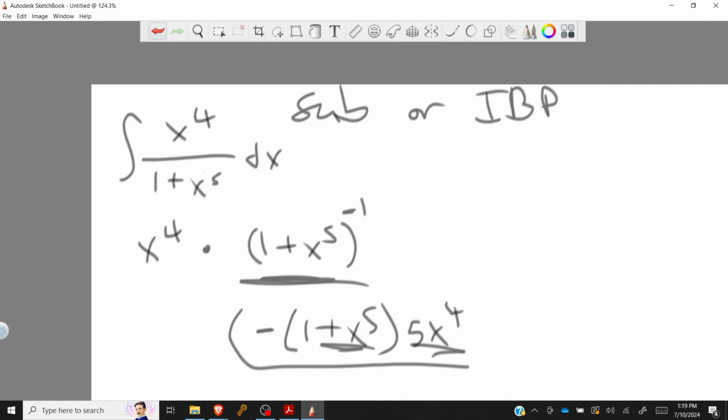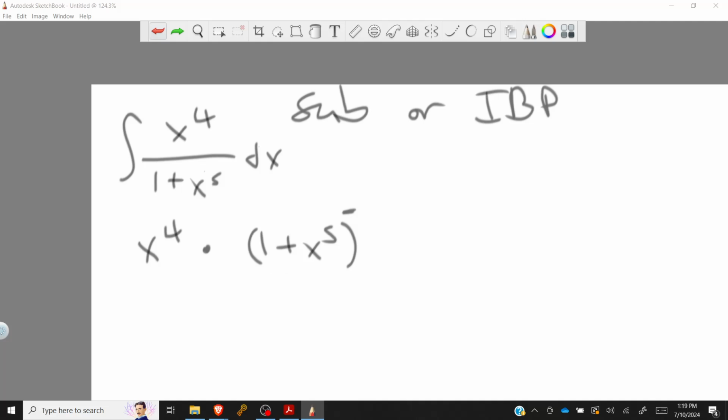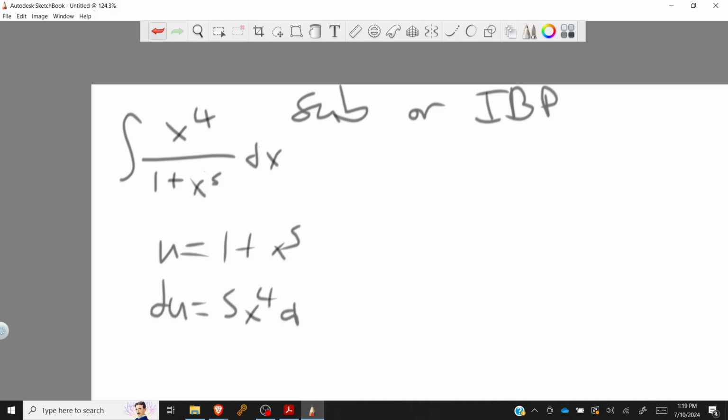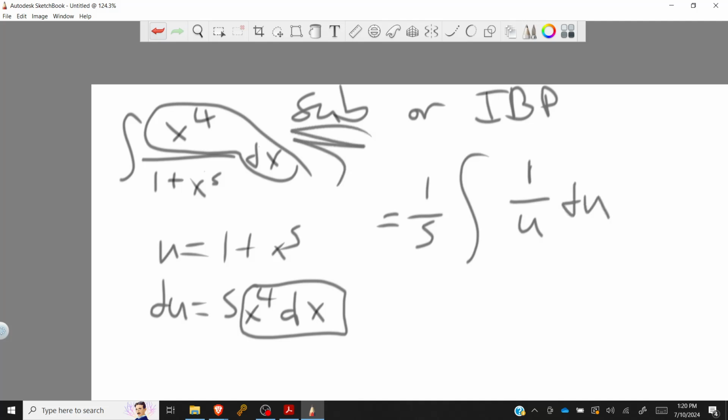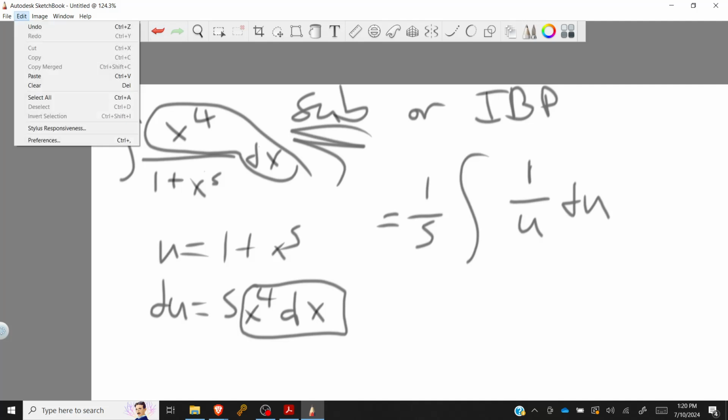But then we have to integrate this later, so that seems too difficult. So I would have u equals 1 plus x to the 5th, and du equals 5x to the 4th dx. Well, this part is just this part. So I'd say u sub for that one. Much easier to do it that way.